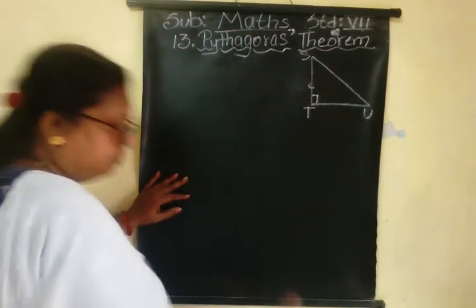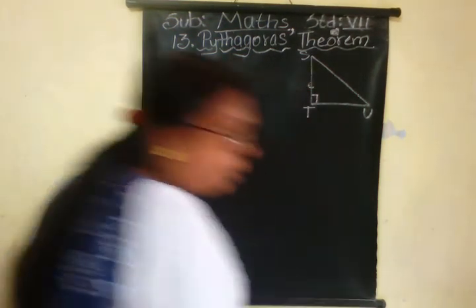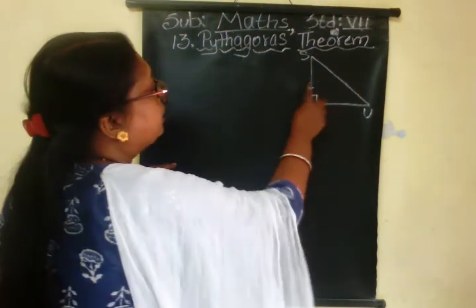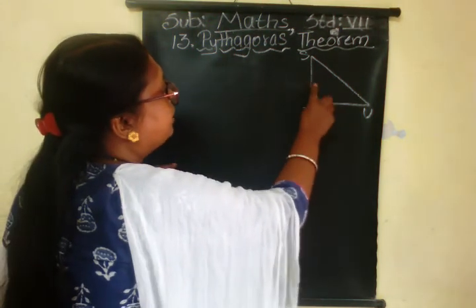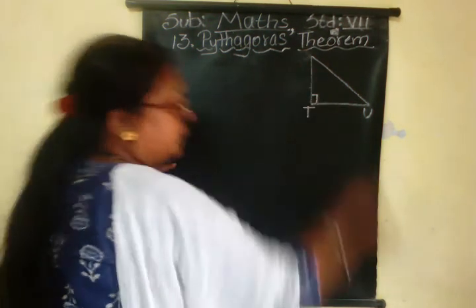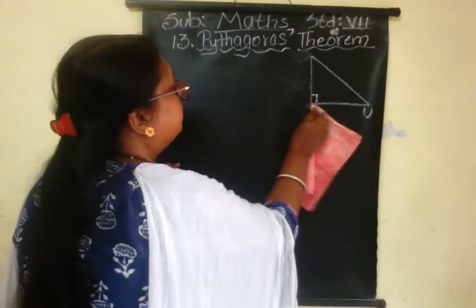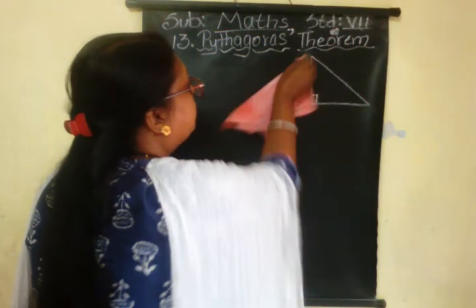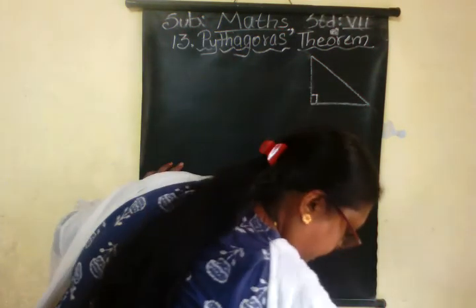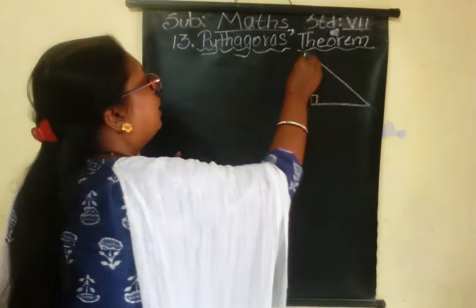Okay. Now we will study what is Pythagoras theorem. So I said hypotenuse theorem, actually it is Pythagoras theorem. Suppose my new triangle is PQR.